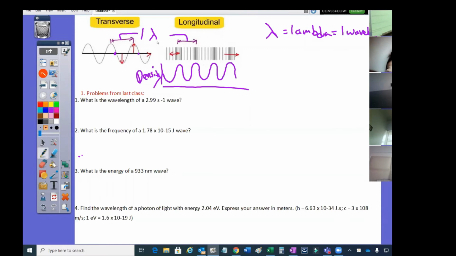So most people, when they're analyzing longitudinal waves, will use a representative of that in terms of density versus position. If you look at the density of the longitudinal wave versus its position, it looks like a transverse wave. So you can actually analyze it as a transverse wave, and it's easier to draw a transverse wave. Just a little FYI.